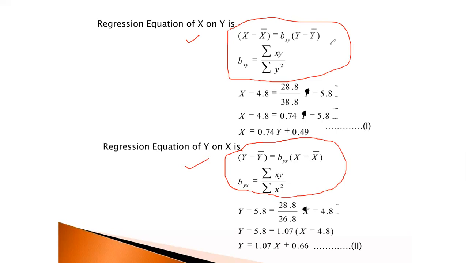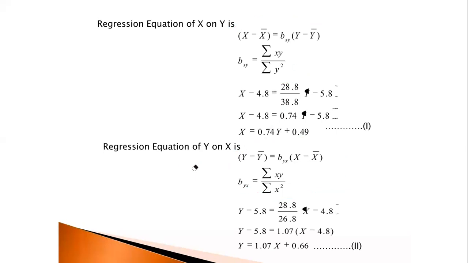So x on y is this formula, and y on x is this formula. Substituting, you'll be getting x is equal to 0.74y plus 0.49. Similarly, y is equal to 1.07x plus 0.66. So in the same way we can find out the y on x and x on y.